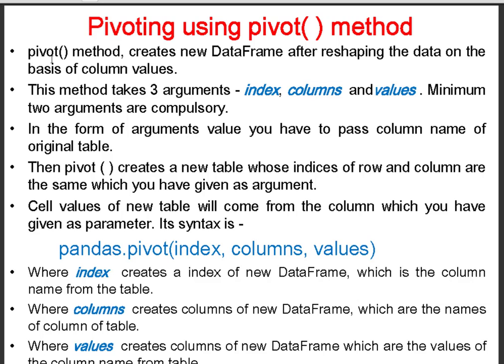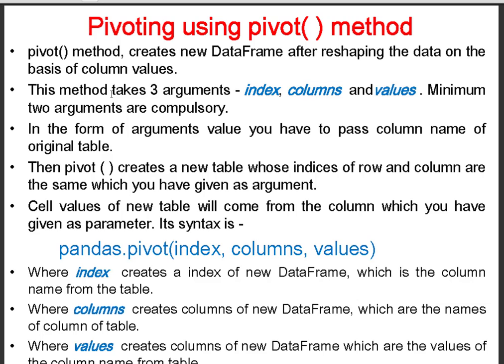But when we implement the pivot method, that also creates a new data frame, after reshaping the data on the basis of the column values. So according to the column values, it reshapes the data.